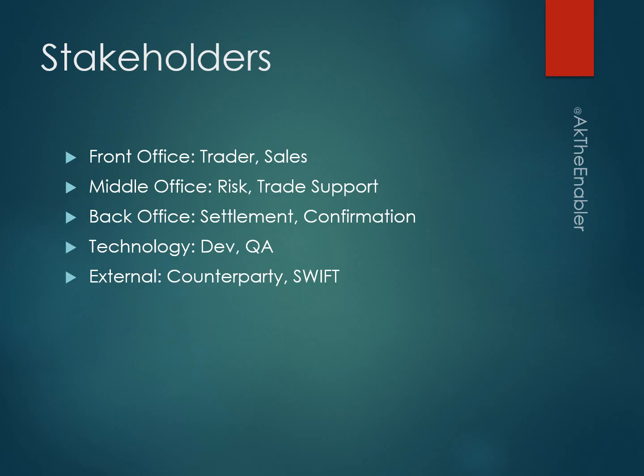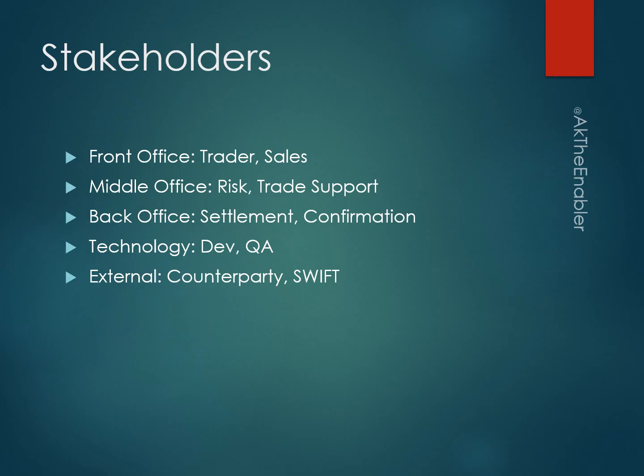And while doing these, the people who get involved are called the stakeholders. Stakeholders are those who are interested in the work or the project we are doing. They have a vested interest in that activity. If any trading is happening, the front office traders or sales are interested. Middle office risk and trade support are interested because they do the risk calculation, confirmation and enrichments.